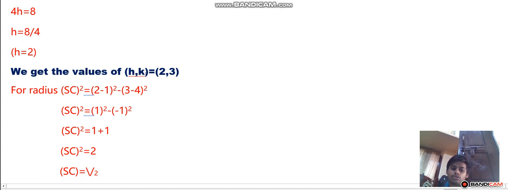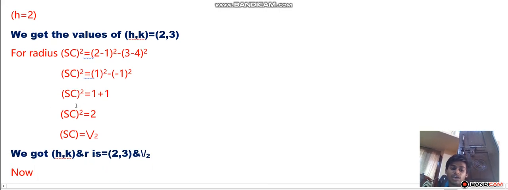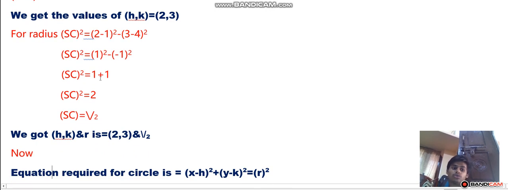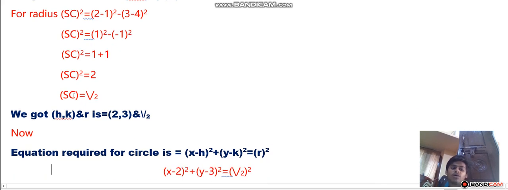SC square is equal to (2 minus 1) whole square plus (3 minus 4) whole square. Then SC square is equal to 1 square plus (minus 1) whole square. Then we get SC square is equal to 1 plus 1. Now SC square is equal to 2. Now SC is equal to under root of 2.